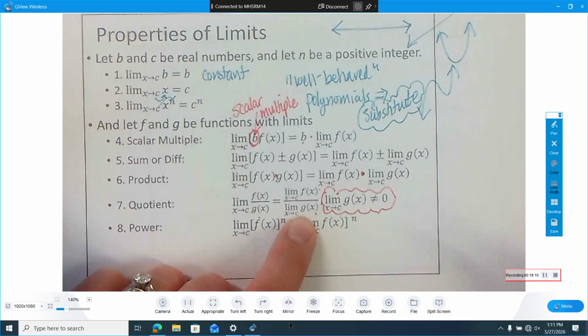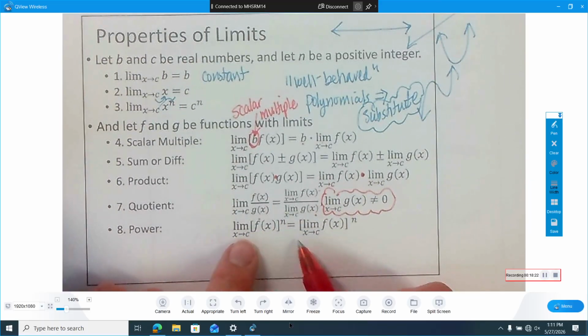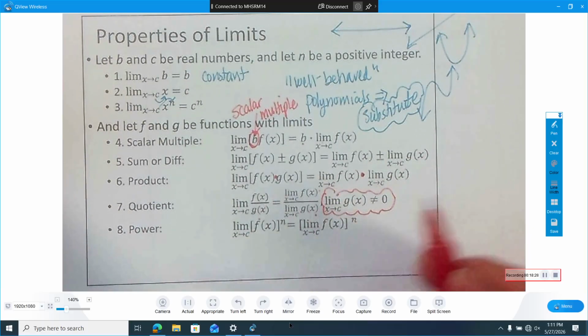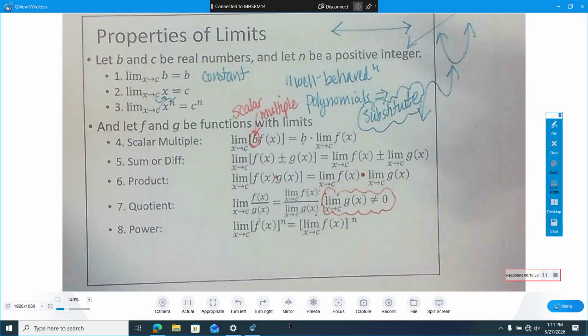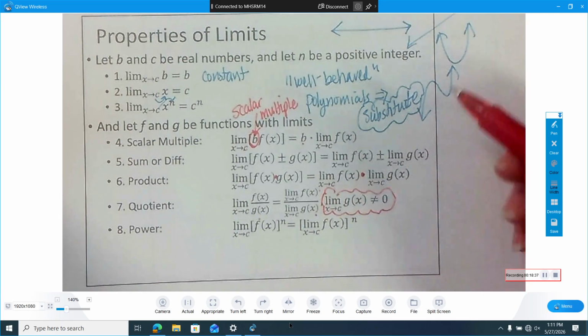The denominator is not allowed to be 0, ever. And if I have a function to a power, all I have to do is take the limit of the function, and then raise that answer to whatever power it happens to be. These are basic rules. You'll see they work pretty easily. It's pretty straightforward. This looks confusing, but it's not really that bad.